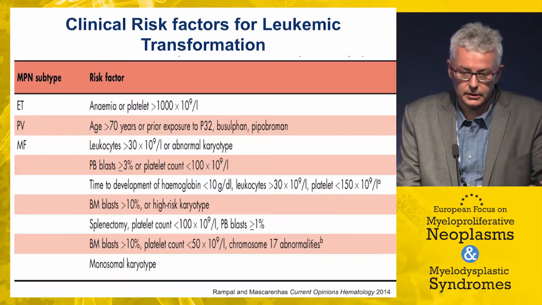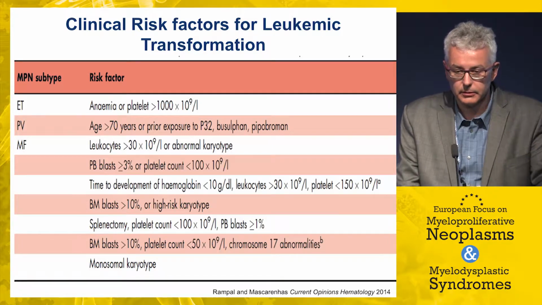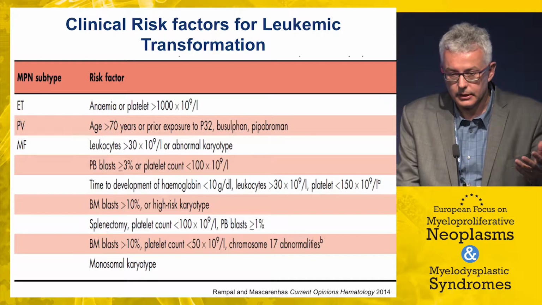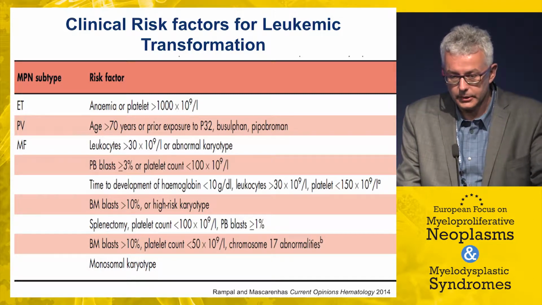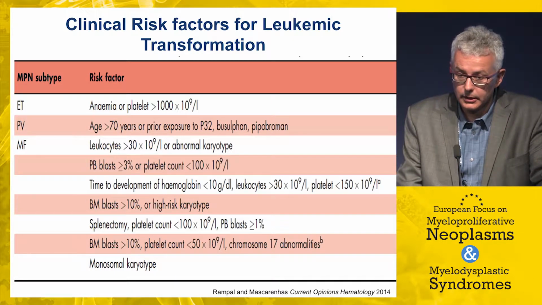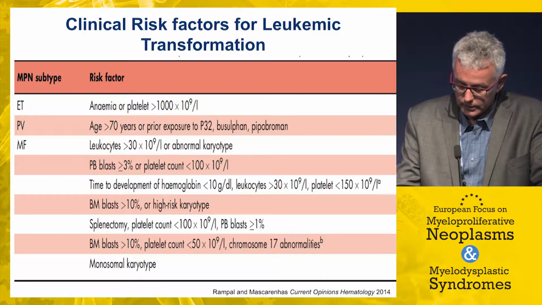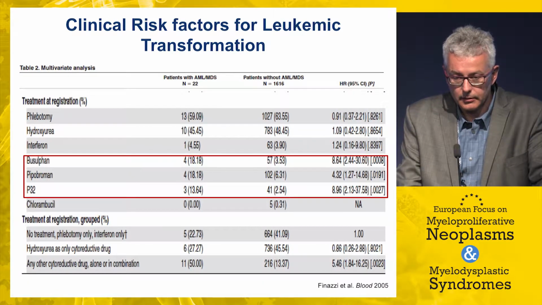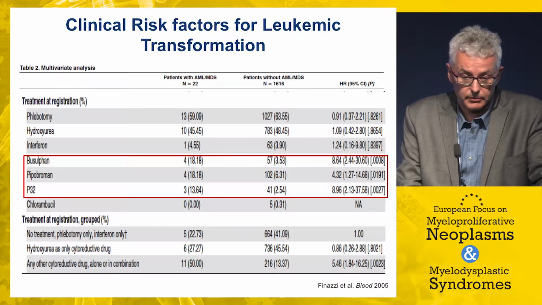So historically, the traditional way of looking at progression is by looking at what is obviously at the disposal of a doctor: blood cell count, physical condition of the patients, the karyotype, and perhaps age, and then looking at whether we are actually making these people progress by providing certain bad medications, simply said.